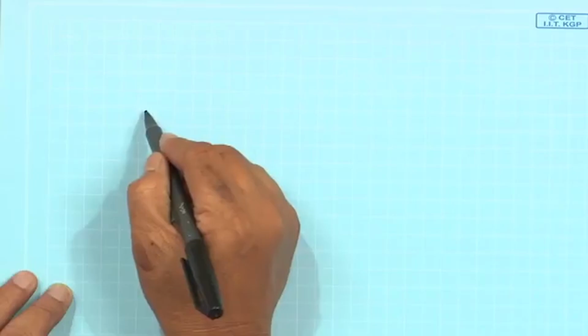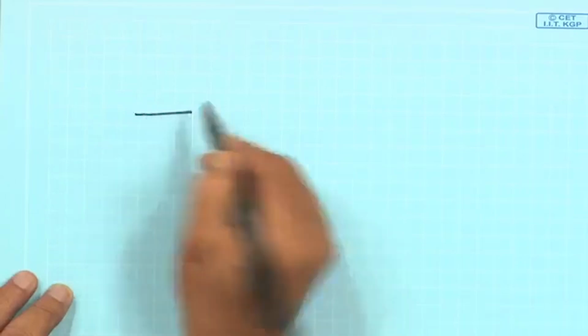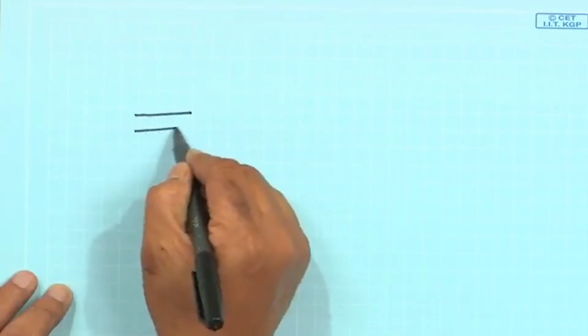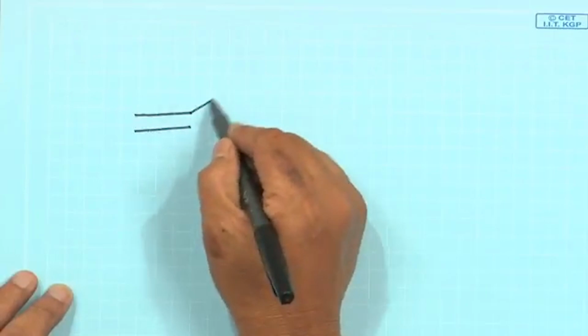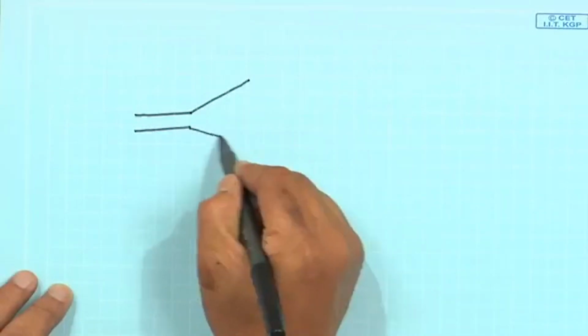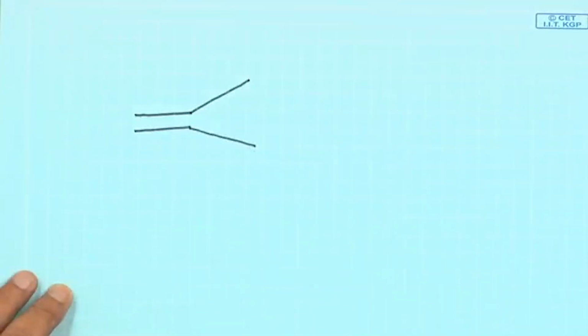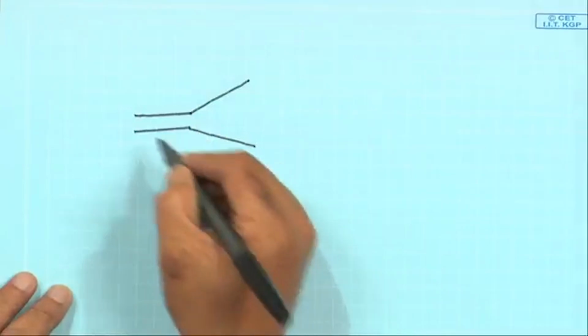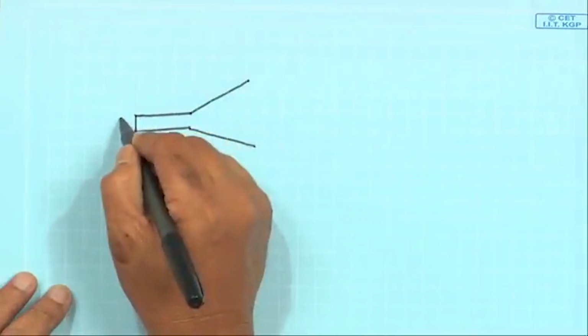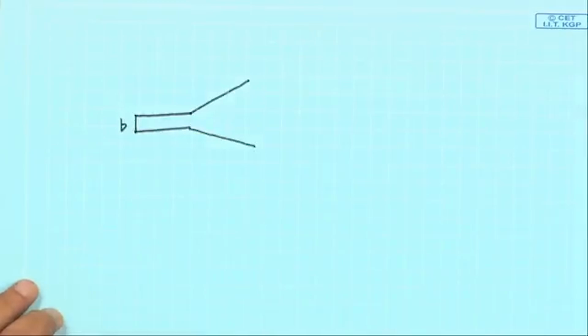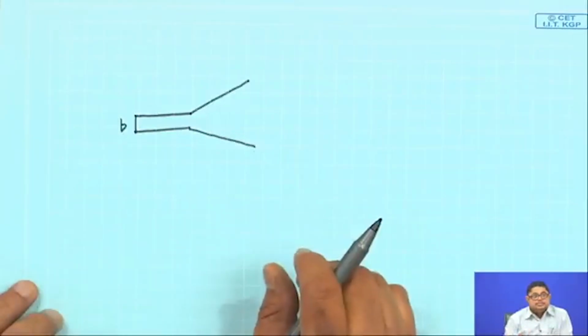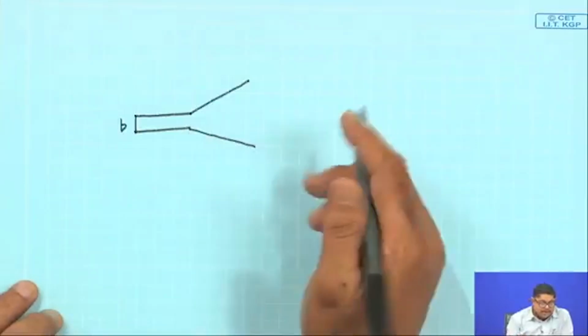So, you see that here will be some geometries, let us see the horn. Here you see that first I am taking a flare in the H plane. Then flare in the E plane.